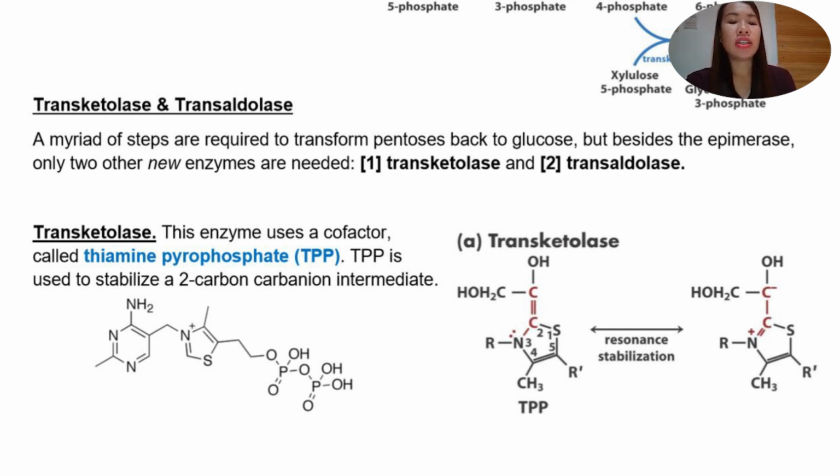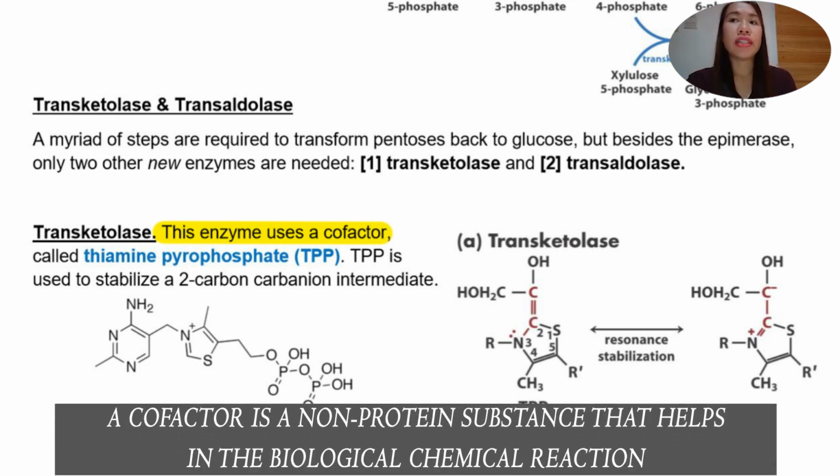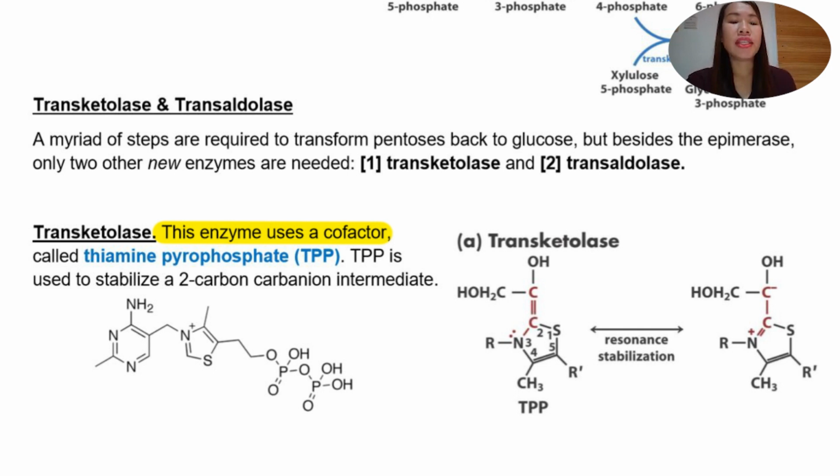Your transketolase is actually an enzyme that uses a cofactor. As we have mentioned earlier, a cofactor is a non-protein substance that helps in the biological chemical reaction. So what is the cofactor? You have to remember this, class. Transketolase, its cofactor is thiamine pyrophosphate, and for purposes of discussion, we are going to use TPP to mean thiamine pyrophosphate.